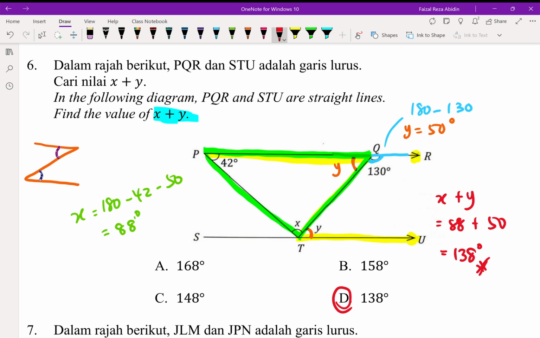Now I can see one more thing. This side also I can have my interior angle. Do you remember interior angle? What does it mean by interior angle?